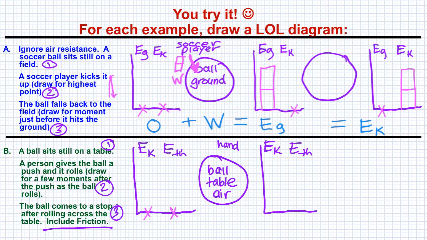Snapshot two is after a person gives the ball a push. So I know that a person is going to apply a force to the ball and put energy into our system. And so I'm going to draw a different kind of arrow this time. Some people prefer to draw these kinds of arrows where the arrow is a blocky thing, and then they show how many blocks of energy they're putting in by marking the arrow that way.